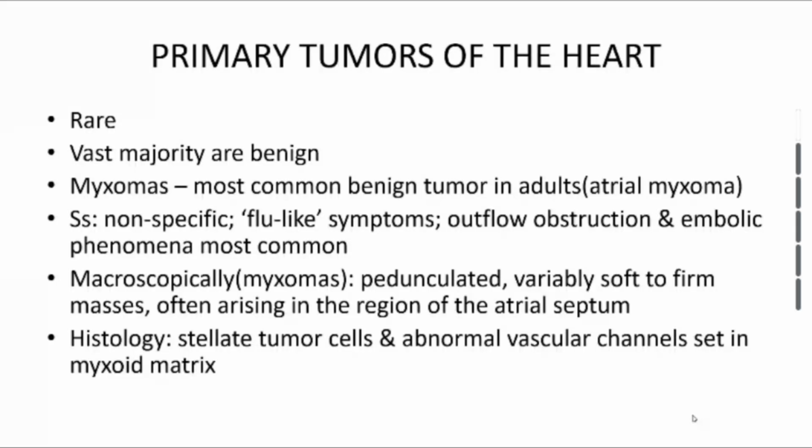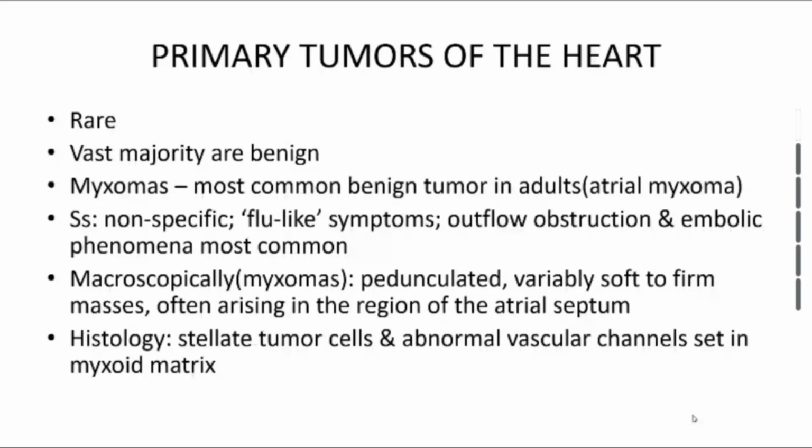It's also likely to cause thrombus to form, and so embolism, which in this case is usually the most common. Even part of the mass itself can sometimes detach and become an embolus, and of course cause embolic phenomena.